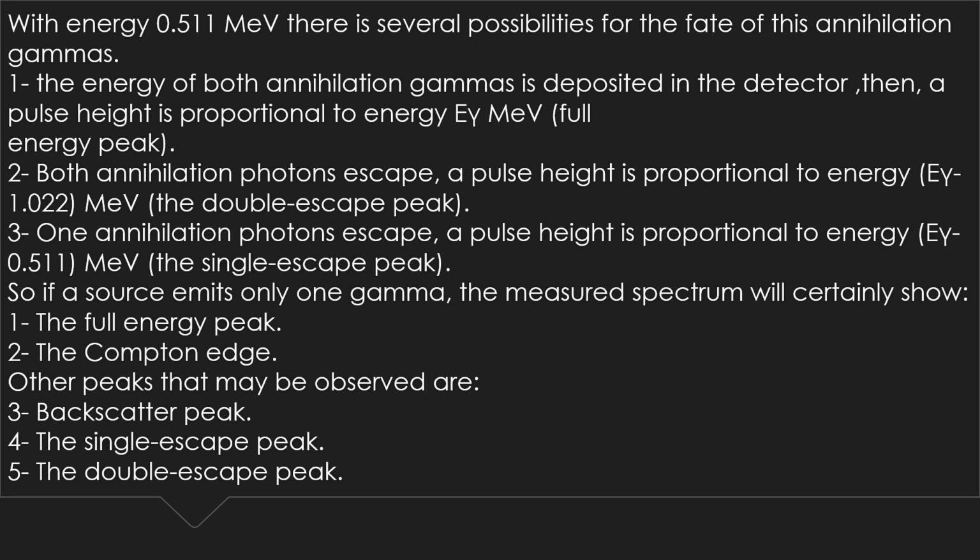Three, one annihilation photon escapes and a pulse height is proportional to the energy. So if a source emits only one gamma, the measured spectrum will certainly show the full energy peak or Compton edge. Other peaks that may be observed are the backscattered peak, the single escape peak, and the double escape peak.